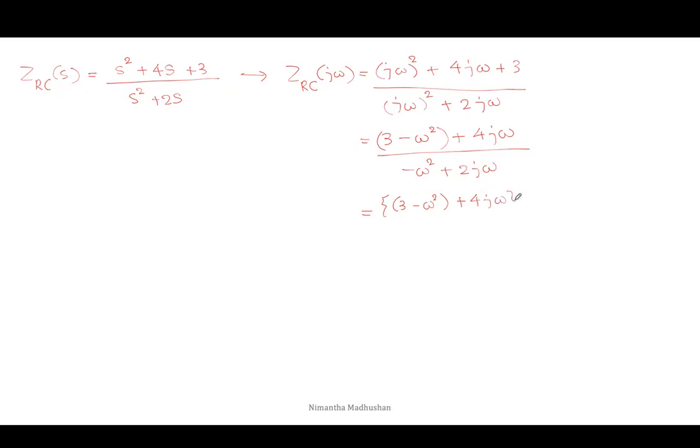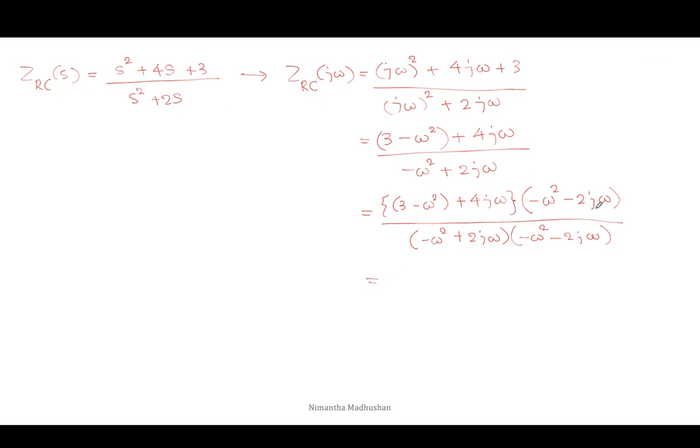The numerator, (3 minus omega squared plus 4j omega), is multiplied by the complex conjugate, minus omega squared minus 2j omega. The denominator, minus omega squared plus 2j omega, is multiplied by minus omega squared minus 2j omega.